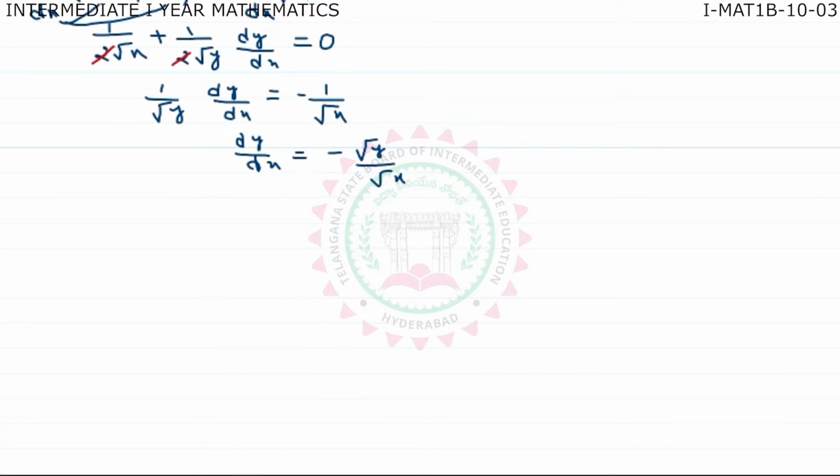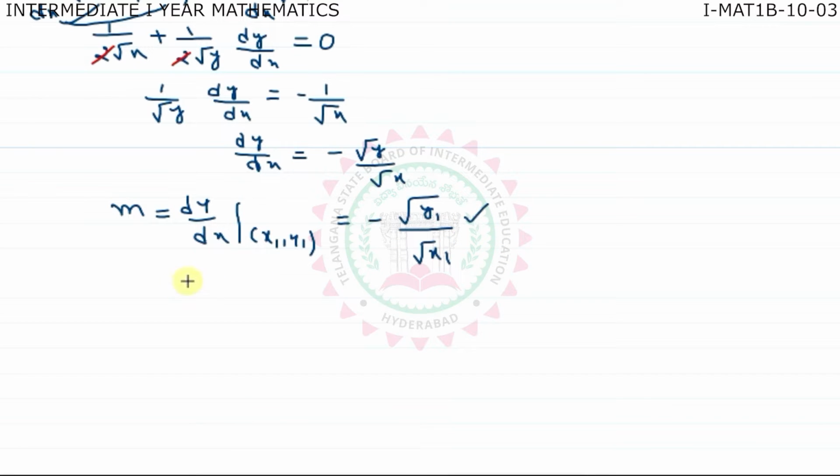Now we know the value of m. m is equal to dy by dx at (x1, y1). So this is minus root y1 by root x1.